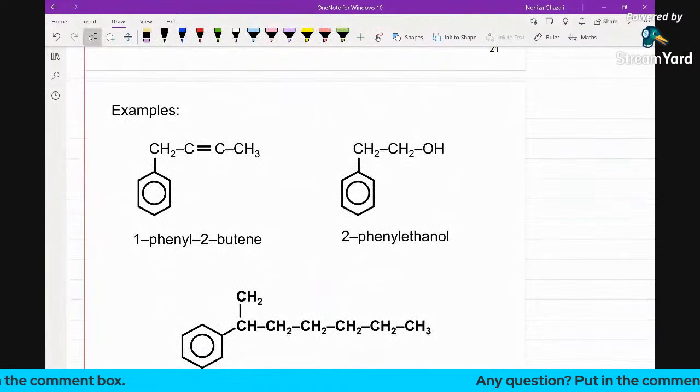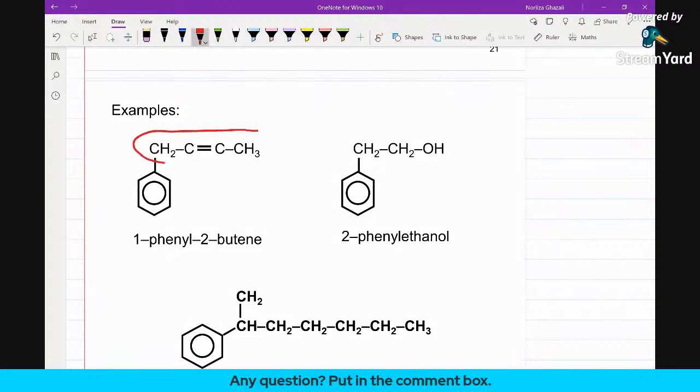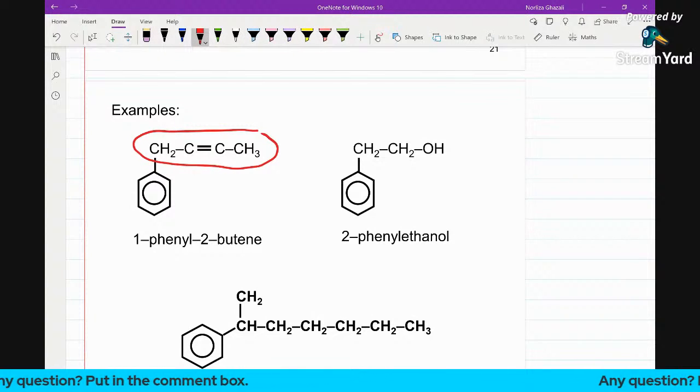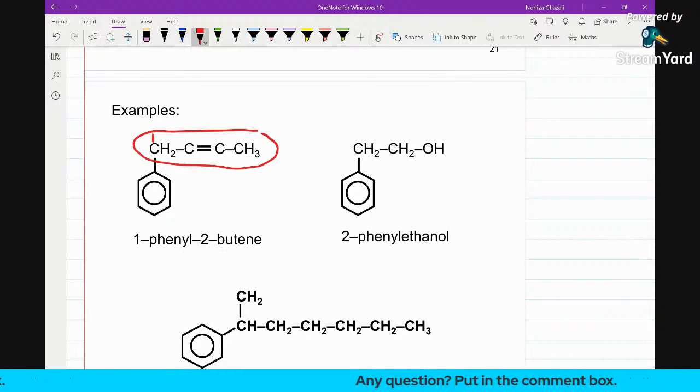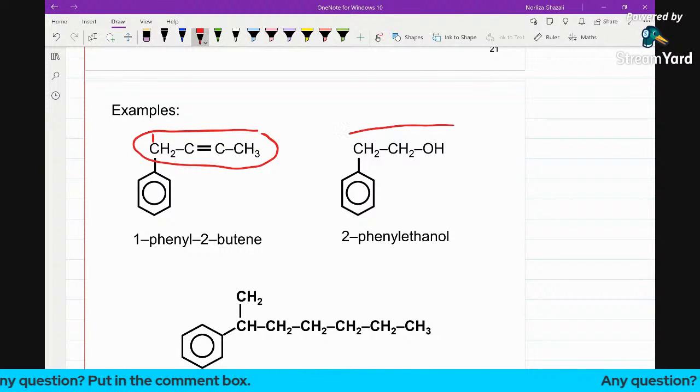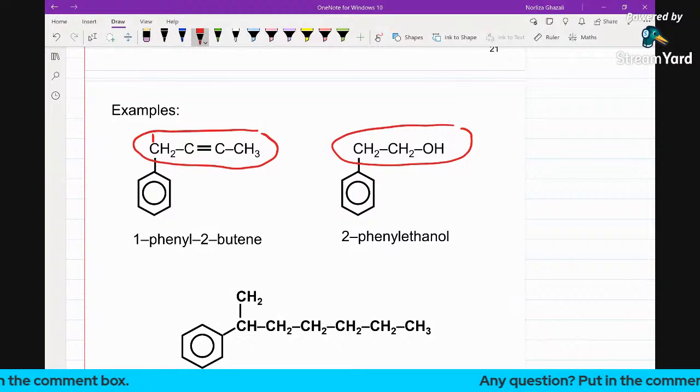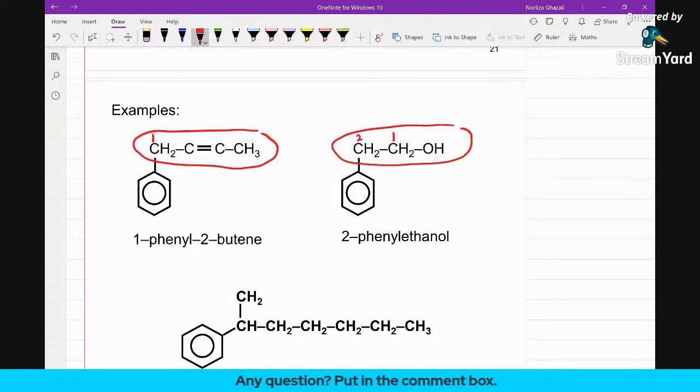So example, 2-butene. This is 2-butene. The longest chain, this is alkene, and then we start numbering number 1 from the left. So it becomes 1-phenyl-2-butene. Okay, in this one, numbering starting from the right.